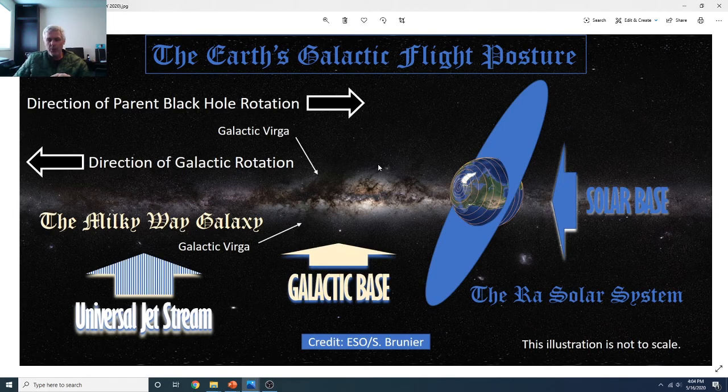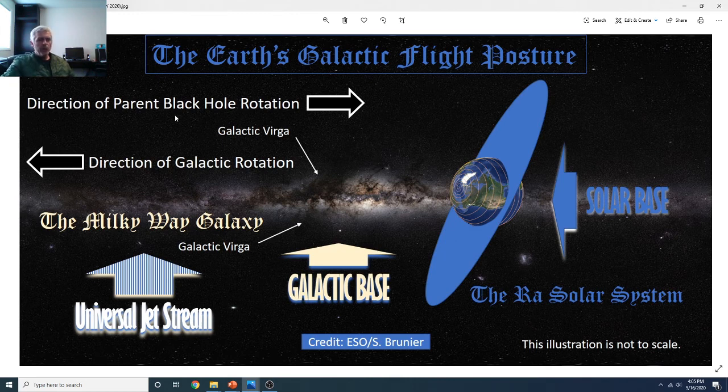Those gyroscopic properties allow the solar system, the sun, and the planets to have almost exactly the same axial tilts and axial cants that put them into a position to fly through space at a very high rate of speed, aerodynamically, or spatial dynamically, if it's space, maybe, I don't know.